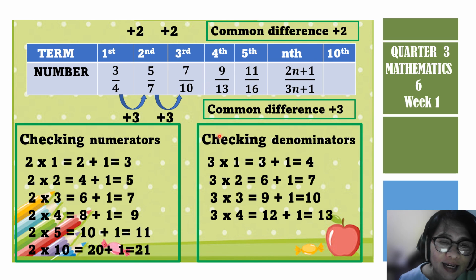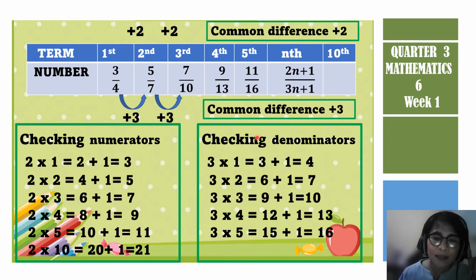Tama na naman tayo. And then on the fifth term, we have 3 times 5 is equals to 15 plus 1 is 16. Kaya tama din tayo dito sa pang-fifth term. Kaya ang rule na ginamit natin na 3n plus 1 ay tama.